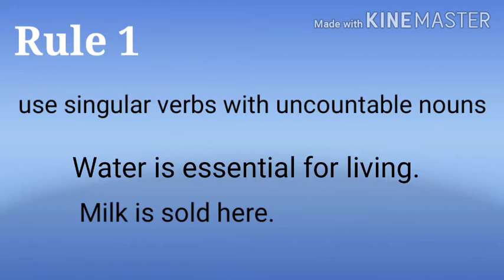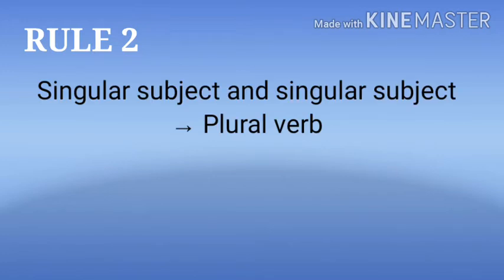Now, let's move to our next rule. Rule 2. It says, two singular subjects connected by and require a plural verb. That means, two subjects that are singular and connected by and, they will follow a plural verb.